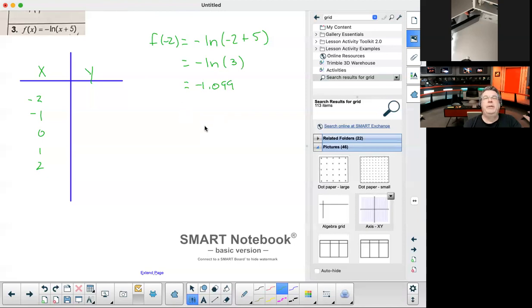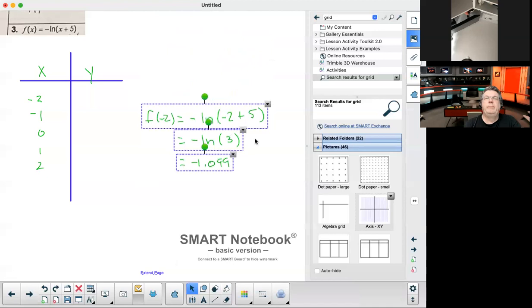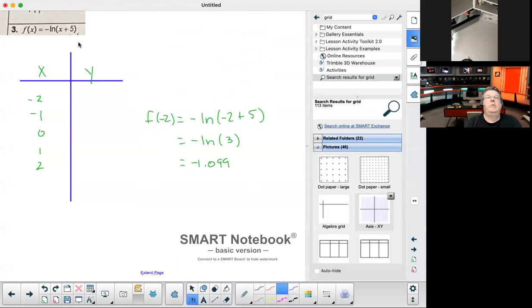Okay, so we're going to make this a y, right? Right. Okay, I'll just rewrite it like that. y equals negative ln of x plus 5. Need to get that negative out of there.